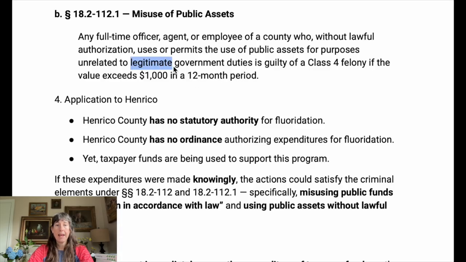So adding hydrofluorosilicic acid to the public drinking water, is that a legitimate government duty? That is the controversy, and that is what the judge will have to determine. Is this, in fact, a legitimate duty?